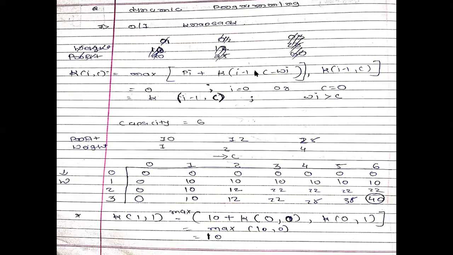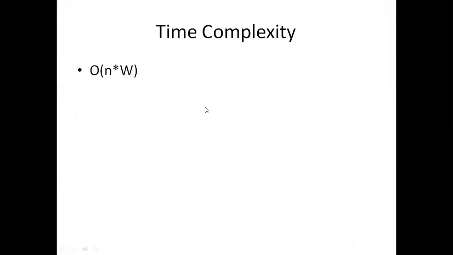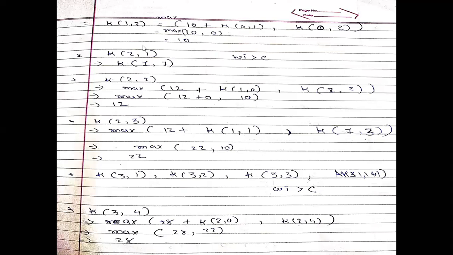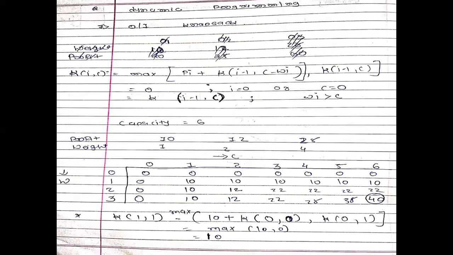And since one of the two is 0, it is clear that we will get a 0 value. So ultimately we will get the answer 10 for all of 1, 3, 1, 4, 1, 5, 1, 6. So what have we put in all of them? In this, for 1, 3, 1, 4, 1, 5, 1, 6, we have put 10. Done? Okay.